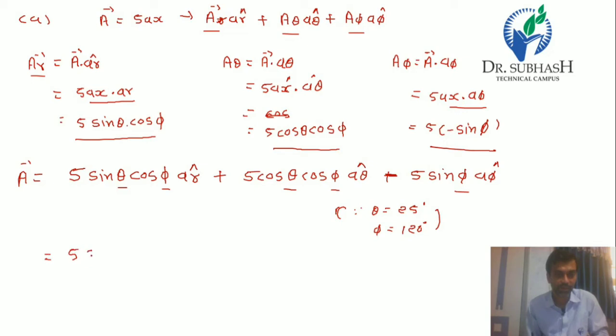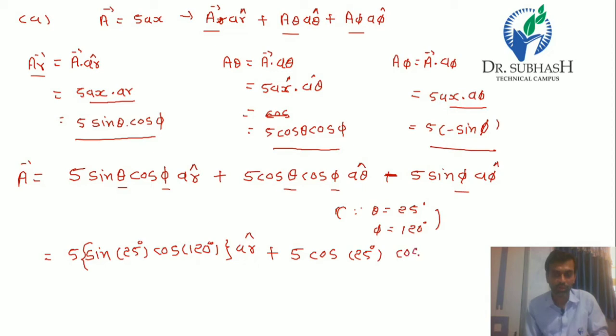We get phi sin theta, 25 degree, and cos phi, 120 degree, in AR direction plus phi cos theta, 25 degree, and cos phi, 120 degree, in A theta direction minus phi sin phi, 120 degree, in A phi direction.